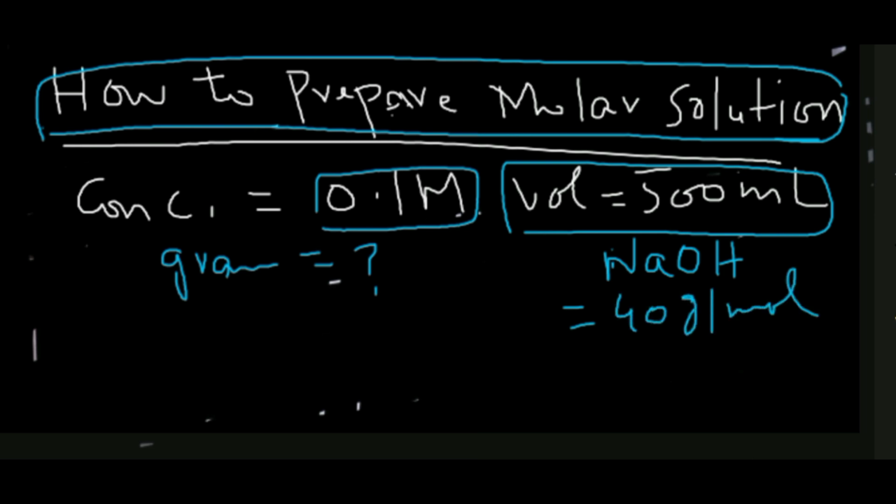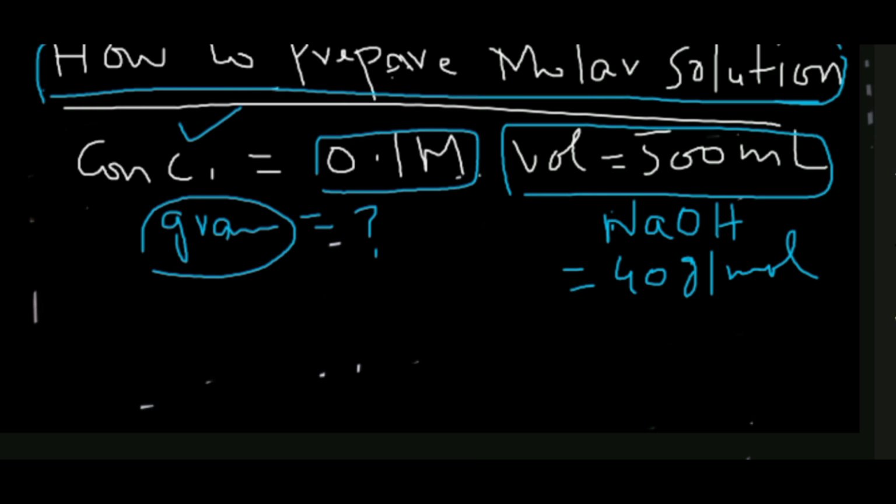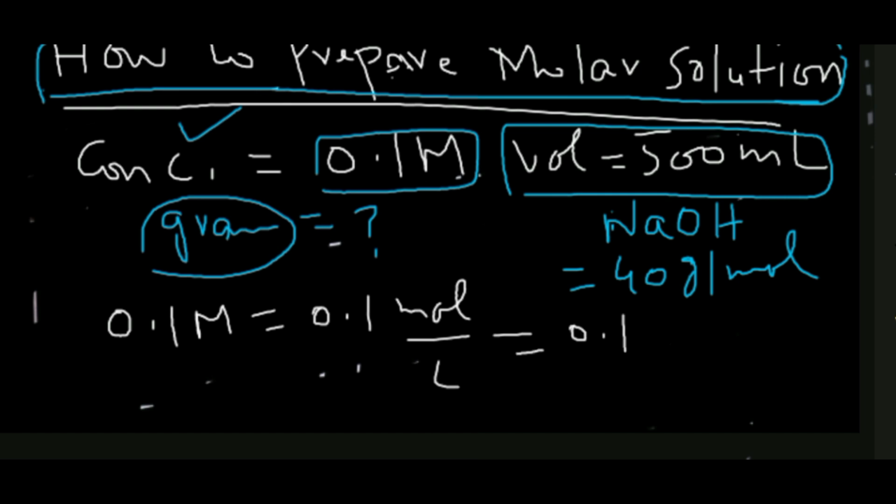Now, in order to determine the grams required to prepare this solution, we have to carry out a stoichiometric analysis. First, 0.1 molar is equal to 0.1 mole per liter, or in the same way you can write 0.1 millimole per ml.